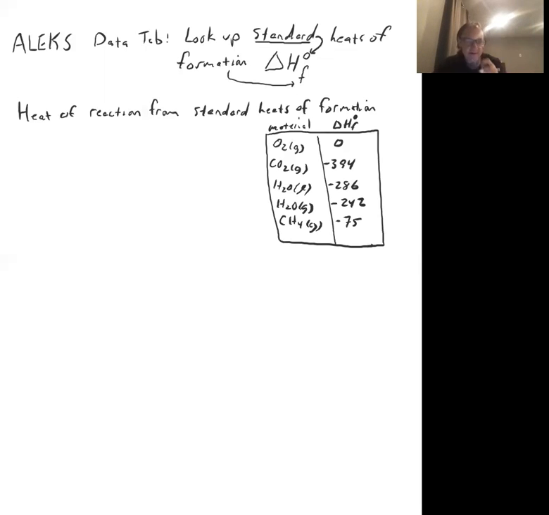So here's how you go about this. The standard problem is this. They give you a balanced equation. Oops, I forgot to not put a 2 there. It's just 1. So they give you a balanced equation. Typically, the ones you're going to do are combustion.